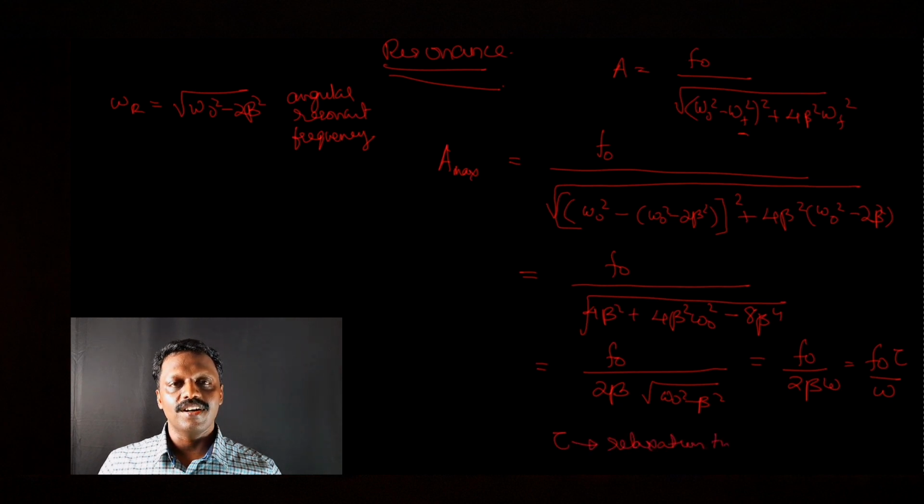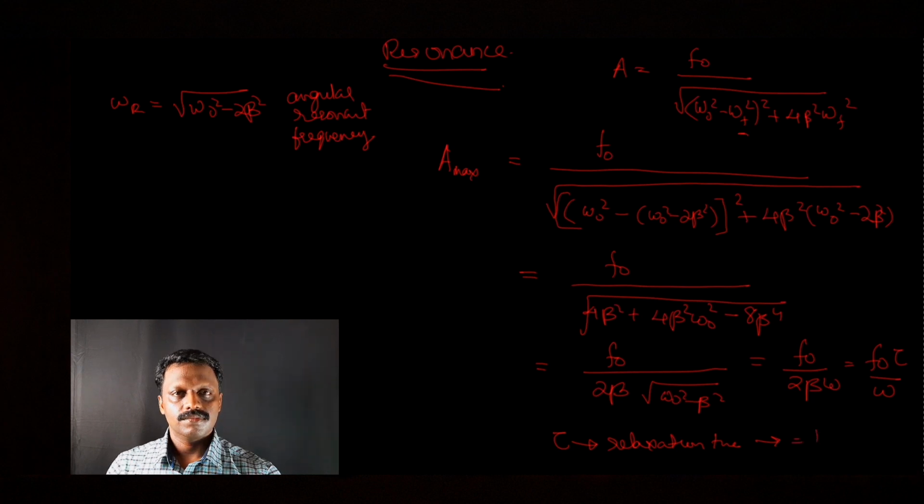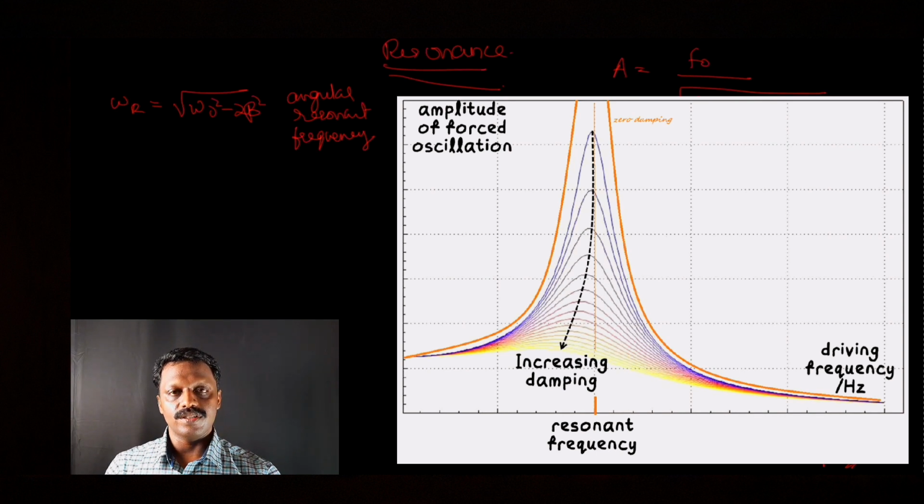This is the time taken by the initial amplitude to decrease to 1 by e of the initial value. We can plot a graph between the amplitude and the external forced frequency so that we can find the frequency, that is the resonant frequency at which the amplitude is maximum.